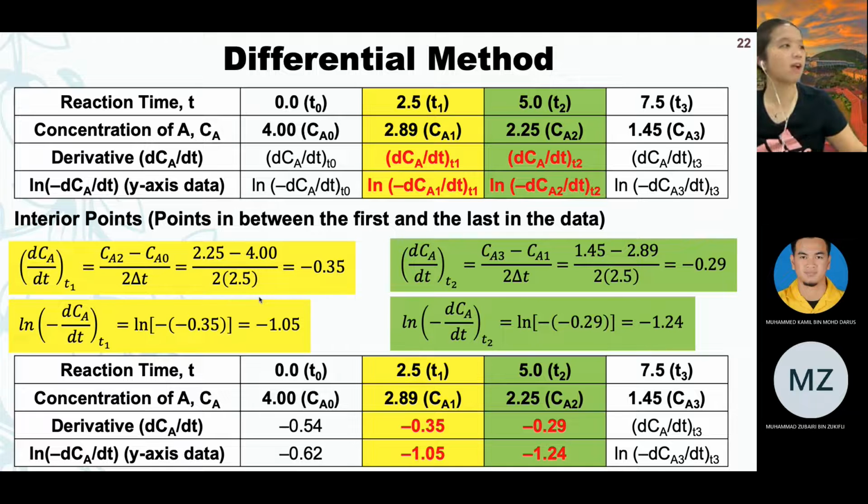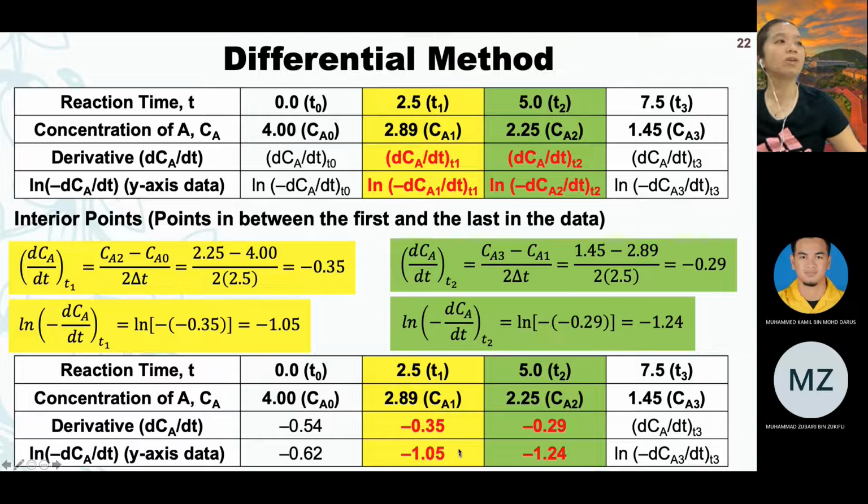So 2 times 2.5, you get negative 0.35. However, similarly, we cannot just directly use because our y-axis data is ln negative dCA per dt. What we have is dCA per dt. So you have to do ln minus 0.35. So you will get negative 1.05. So now you have obtained the second data in your table for your y-axis.